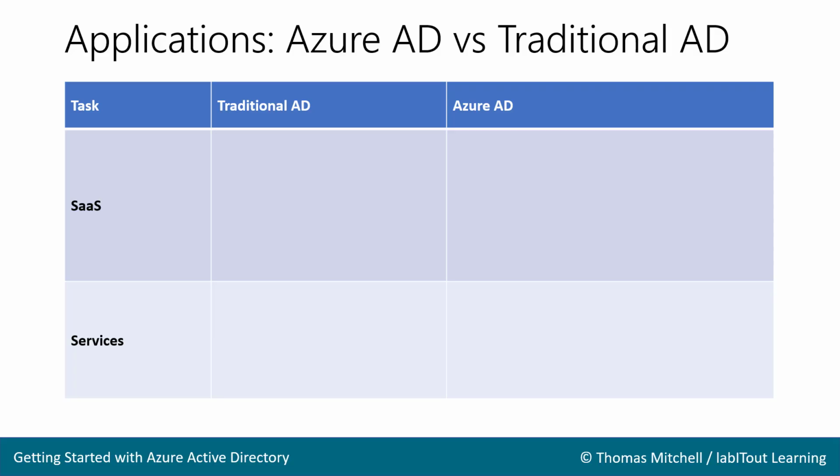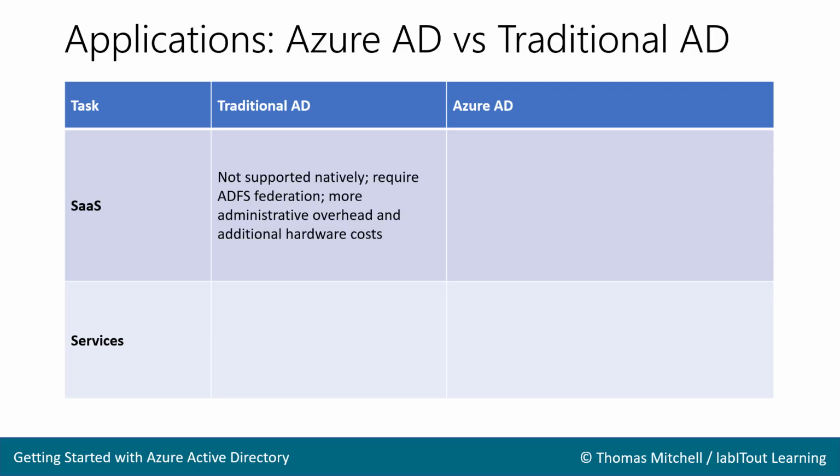When it comes to application support, there are also several differences between the traditional on-prem Active Directory offering and Azure Active Directory. For example, traditional Active Directory doesn't support software as a service applications natively. This means that to use traditional AD with these kinds of apps, you would need to deploy a federation solution such as ADFS, which adds more administrative overhead and additional hardware costs.